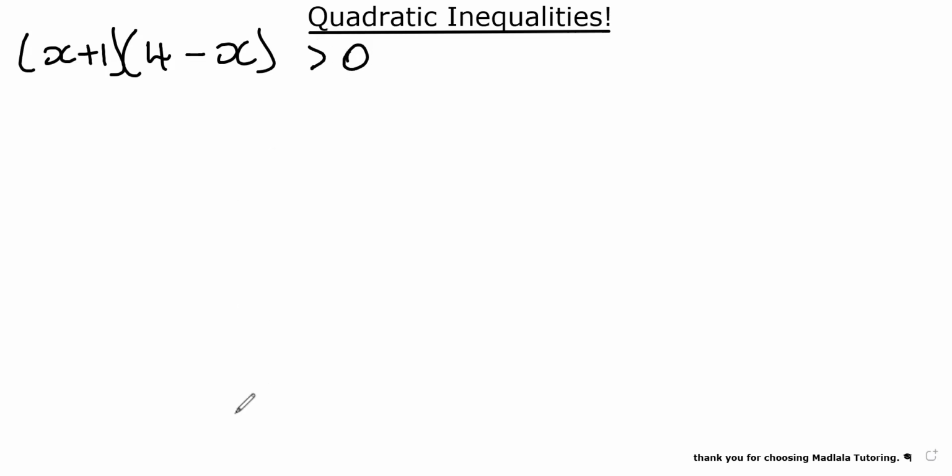So, let's say they ask you once again to please solve for x, but in this inequality, well, here they say you have x plus 1, which is multiplied by 4 minus x, and this is actually greater than 0. But then here they attach a special condition.